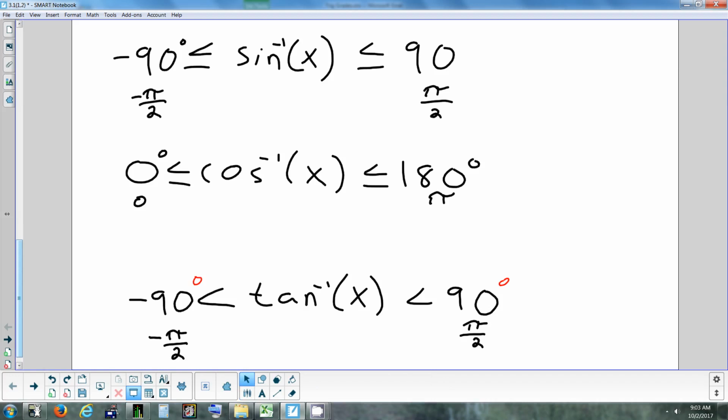So for inverse tangent, you could get an answer like 89.9, but you'll never get 90. With inverse sine, you could. Okay, so any questions on those three intervals?